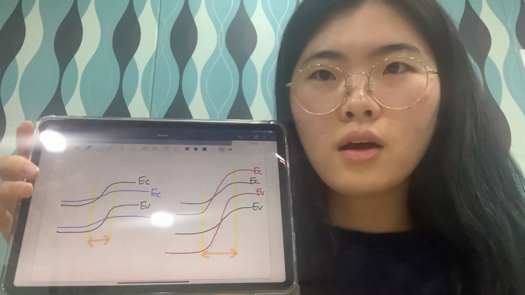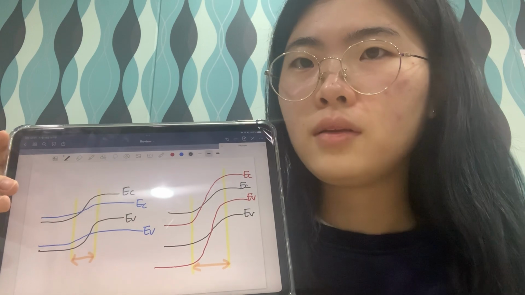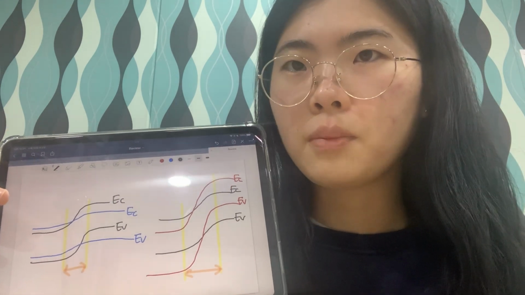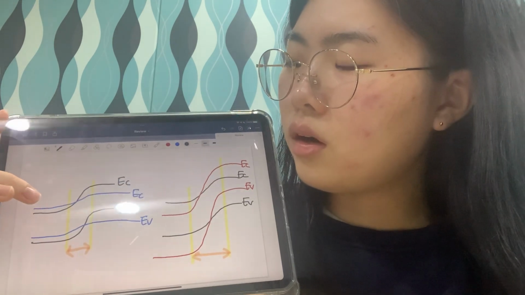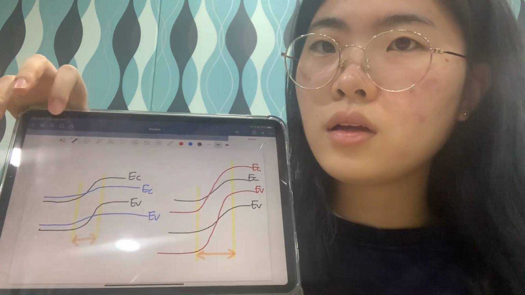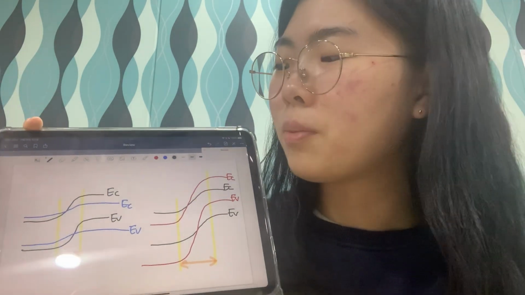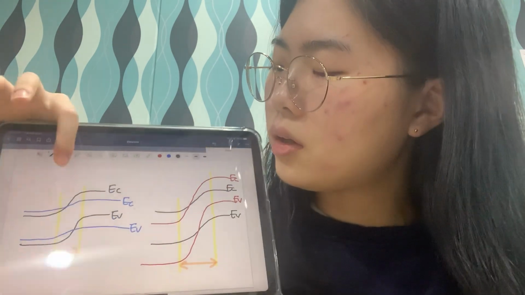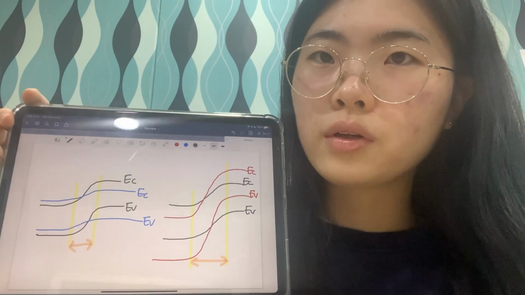This is when we apply forward bias, which means we apply positive voltage. After we apply the positive voltage, this depletion region will be smaller than before.